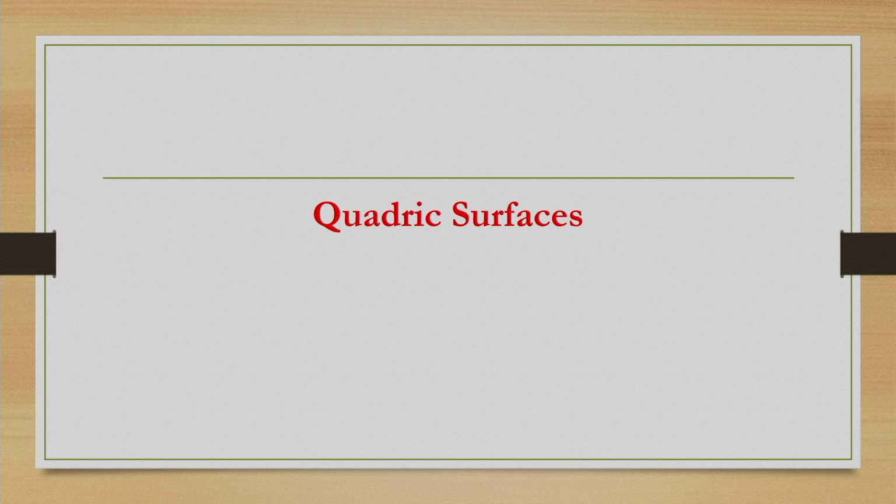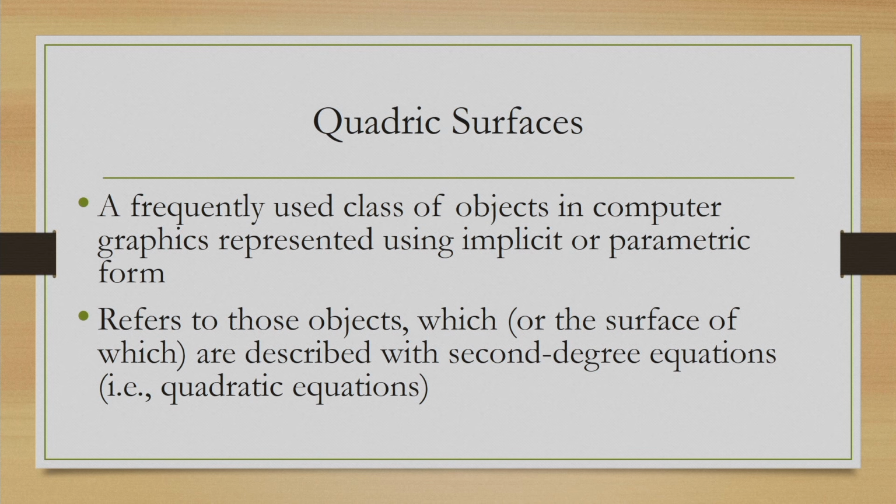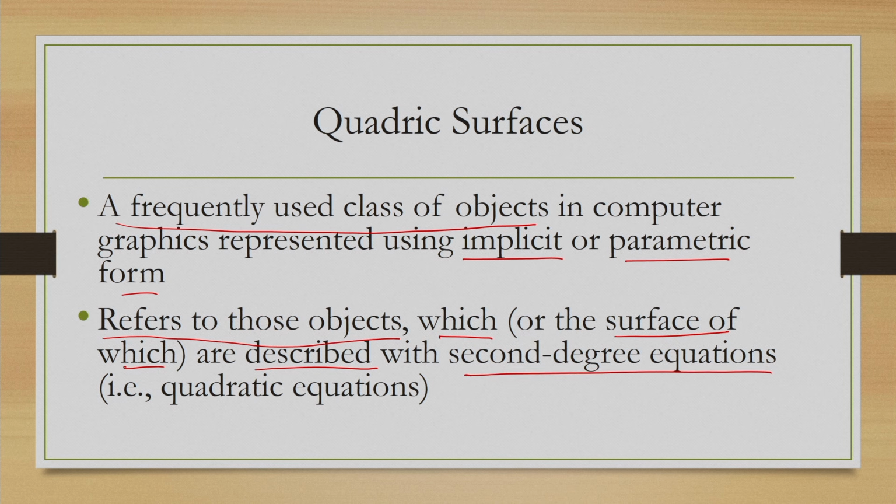Let us start with quadric surfaces. These are a frequently used class of objects in graphics which are represented using implicit or parametric form. This term quadric surfaces refers to those objects whose surfaces are described with second degree equations or quadratic equations.